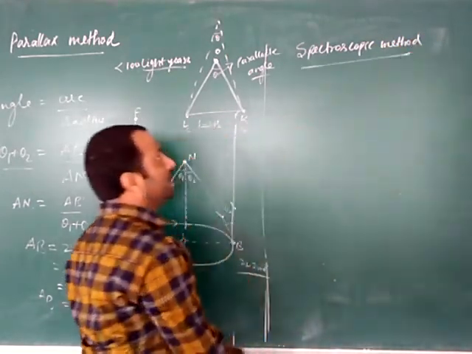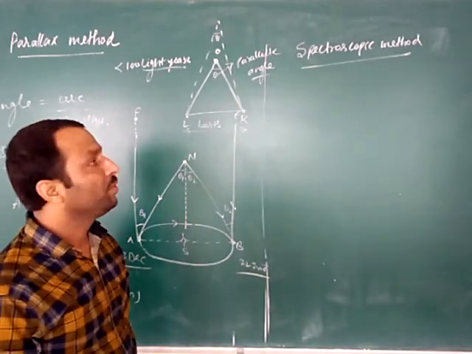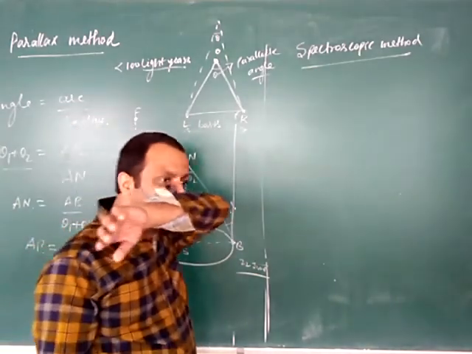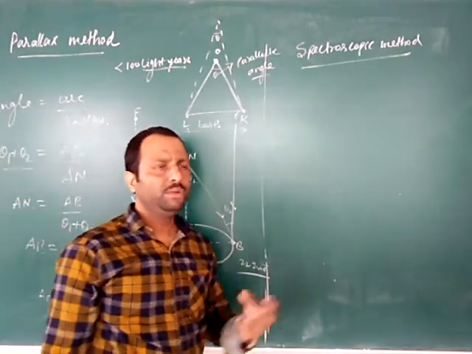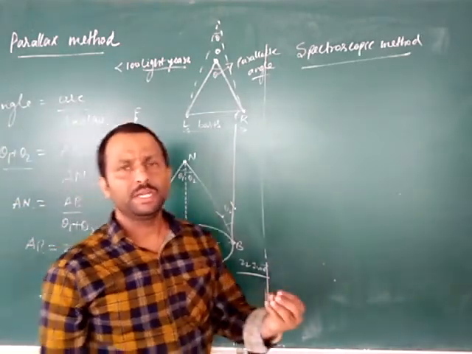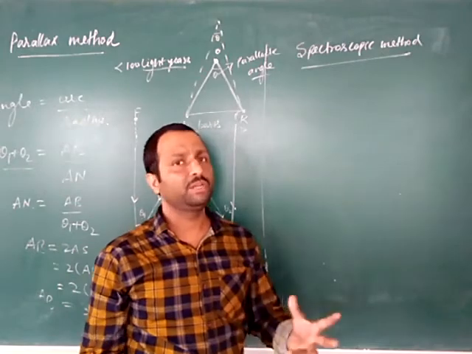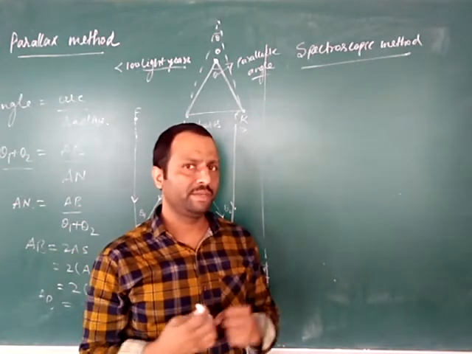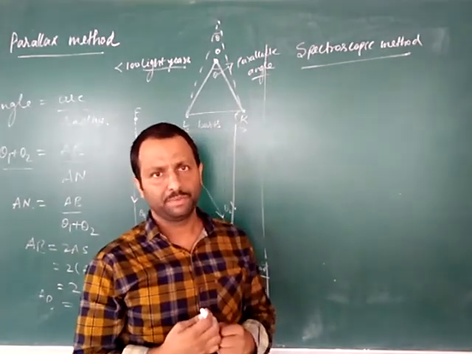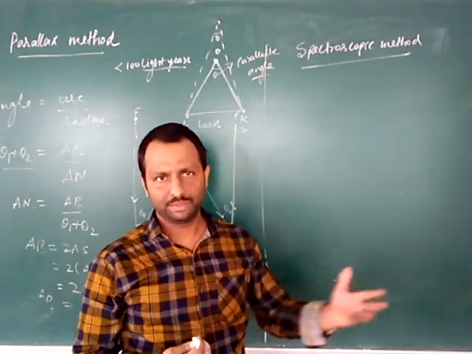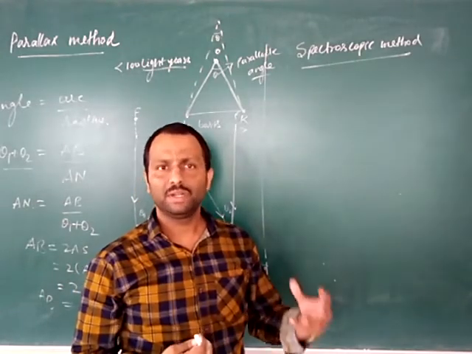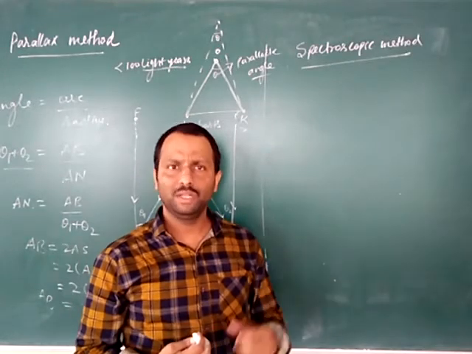Before starting the spectroscopic method, I will explain how this concept is used. Suppose a bulb which is located nearby to Earth will have more brightness, more intensity, and the bulb which is located far away from us will have lesser intensity or lesser brightness.